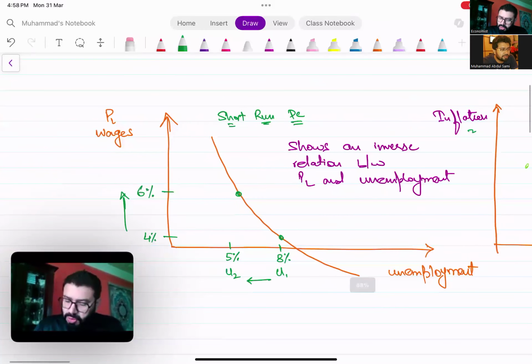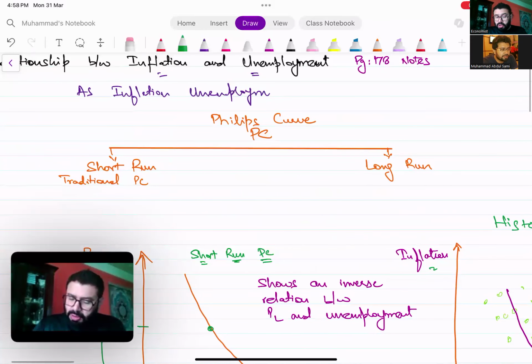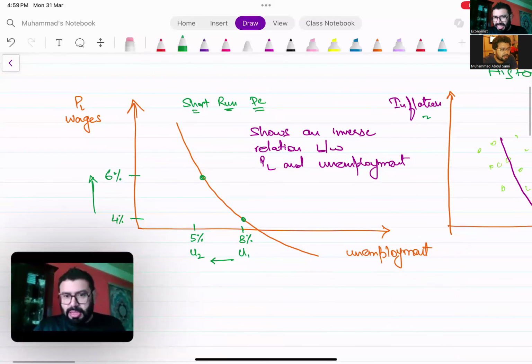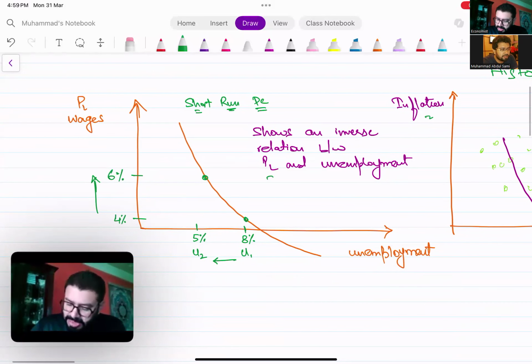So now the topic is divided into two main directions. One is known as the short-run Phillips curve, also known as the traditional Phillips curve, and the other is known as the long-run Phillips curve. The short-run Phillips curve shows an inverse relation between price level, that is inflation, and unemployment.